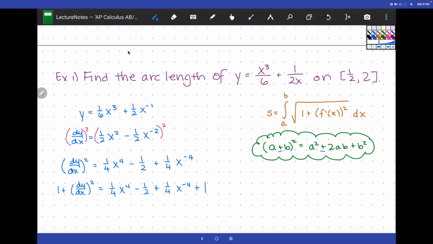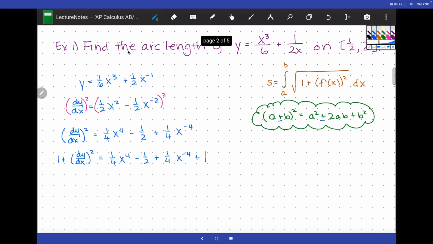Will this simplify it all? Do I have any like terms that I can combine? Yeah, I got the negative 1/2 plus 1. So 1/4 x to the 4th plus 1/2.